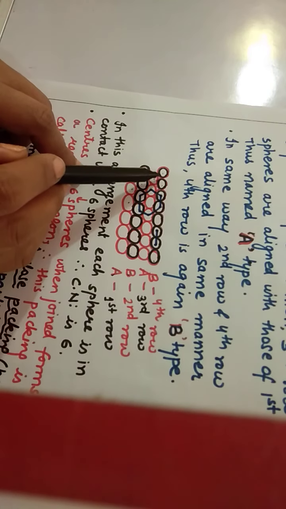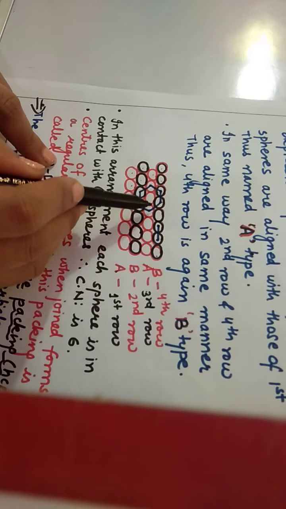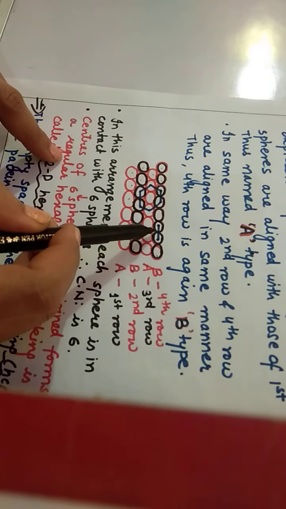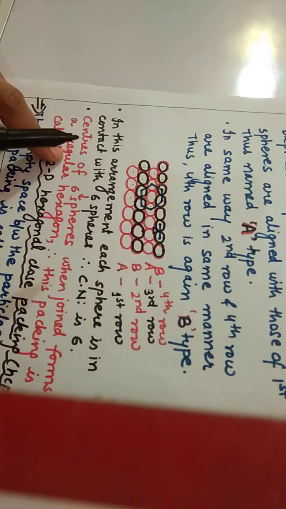You can see the empty space. These are the depressions. The empty space between the particles in close packing is known as a void. You can see this empty space, this triangular structure, this is an empty space.